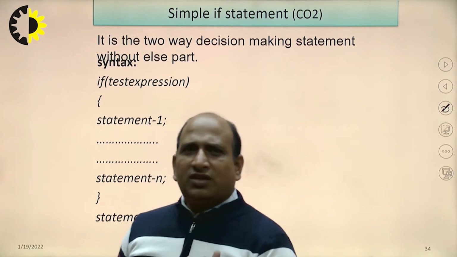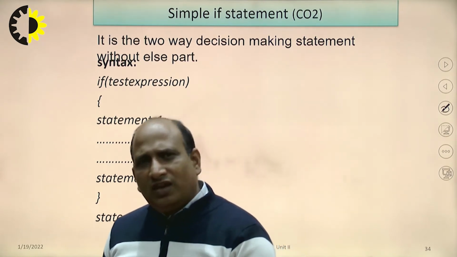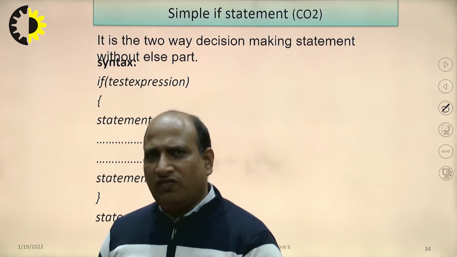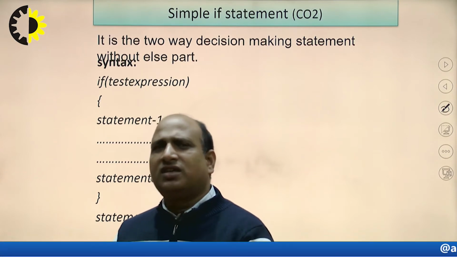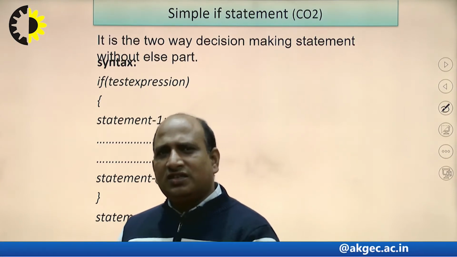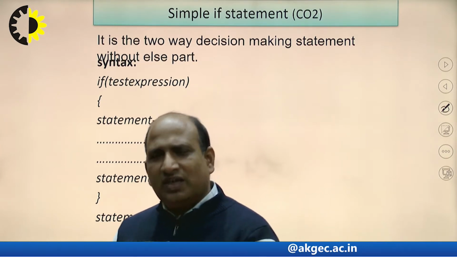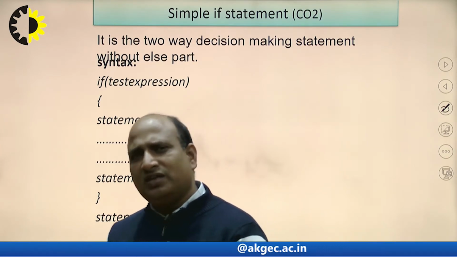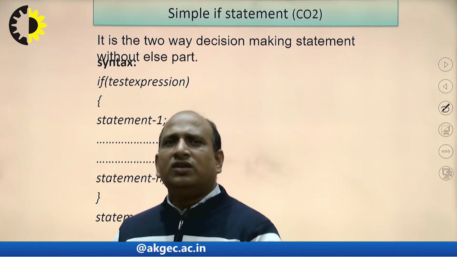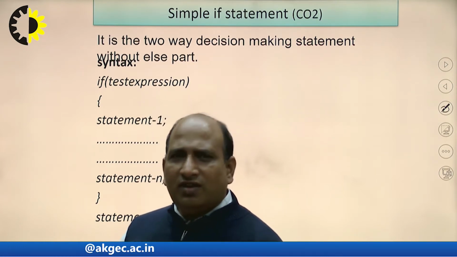The statements 1 to n will execute only when the test expression is true. At the place of the test expression, we write some conditions by using relational operators, and when the condition is true, statements 1 to n will be executed.